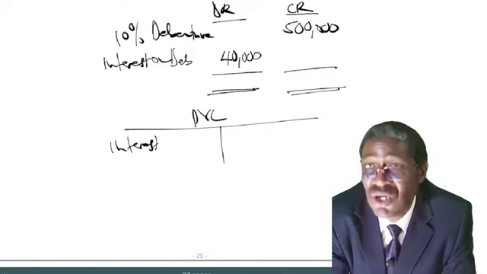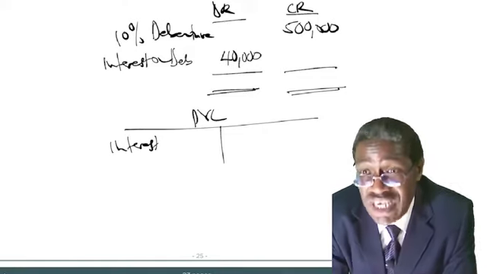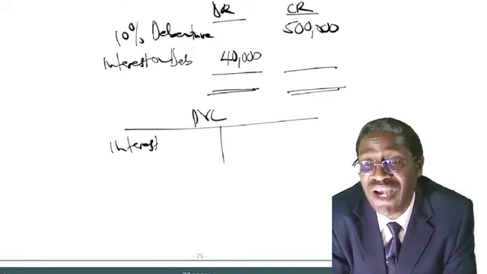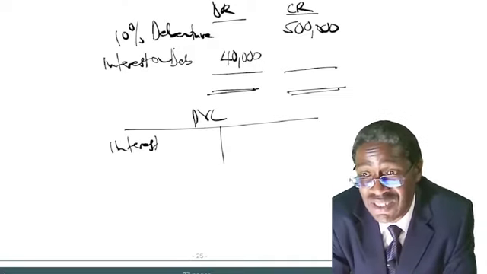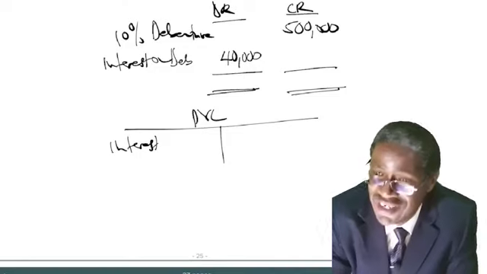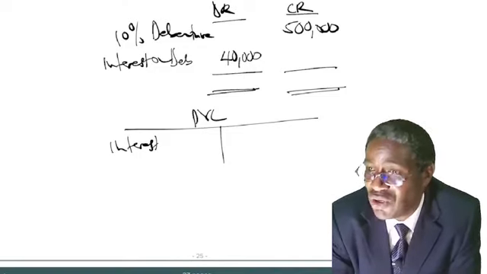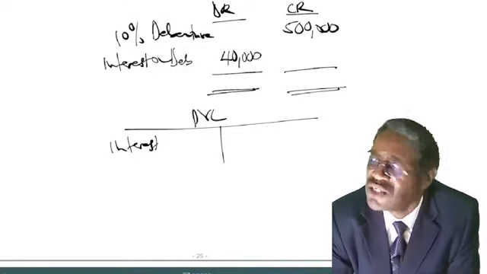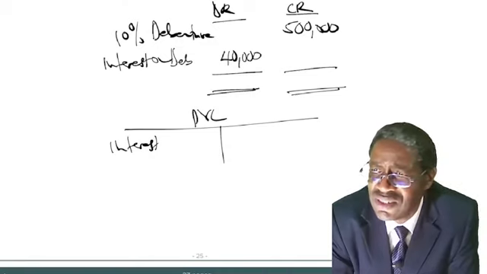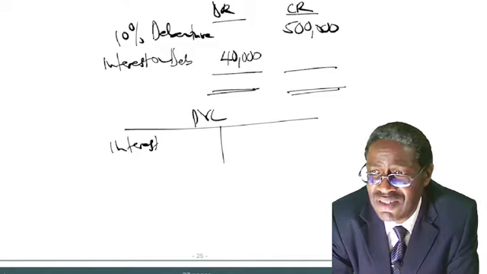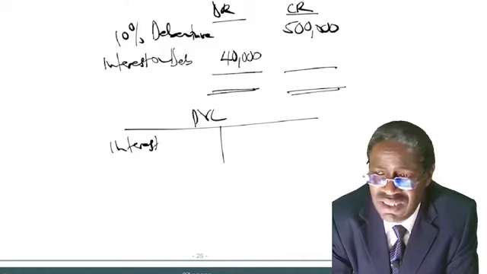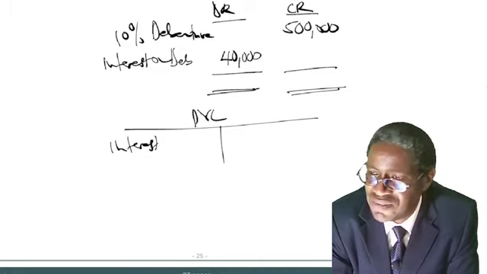I'm asking you, when you are given a trial balance of this nature and you are required to prepare an income statement or a profit and loss, how much do you charge as interest? Yes, somebody? I expect some answers.